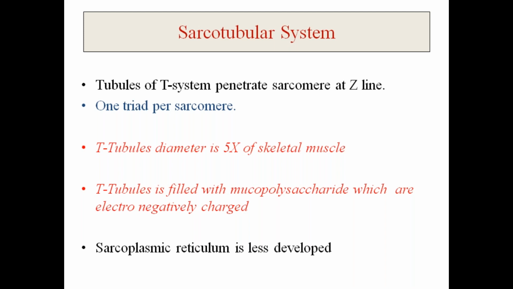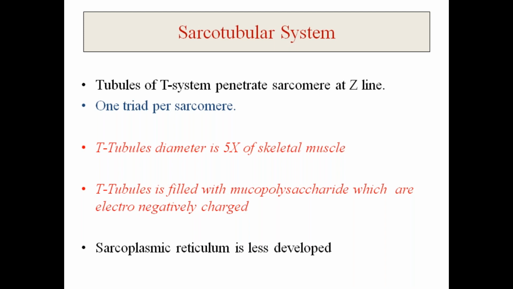First difference is that here the T tubules penetrate at the level of Z line. In skeletal muscle, we have seen that T tubule was penetrating at the junction of A and I band. That's why we say that in skeletal muscle, every sarcomere has two T tubules, because in one sarcomere you have two AI junctions.